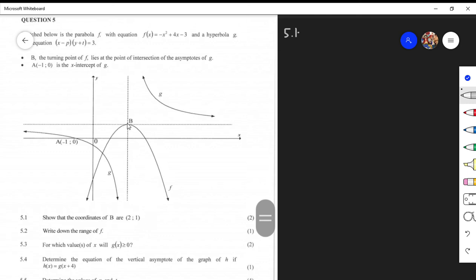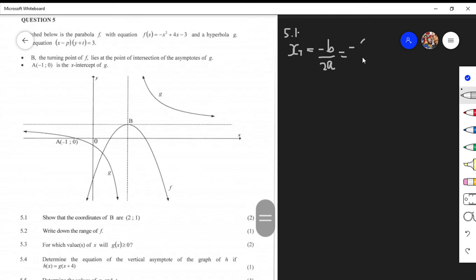So first of all, we can see that B is actually the turning point of our quadratic graph, right? So if you guys remember from my recap, the x coordinate of your turning point is equal to negative b all over 2a. And as you can see, the b value of this function is positive 4.